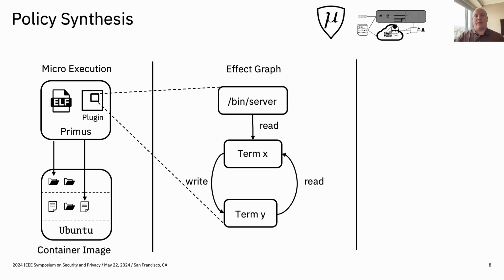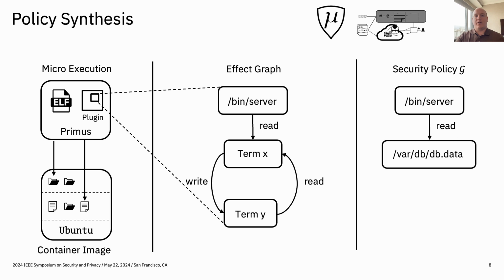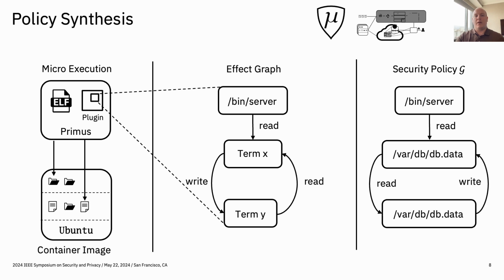Now, to generate the final effect graph for the server, we annotate each individual node with the concrete system call arguments that we observe during microexecution. The result then is the security policy G for the server that encodes that the server throughout its execution simply reads and writes some data to a particular database file in alternating sequence.